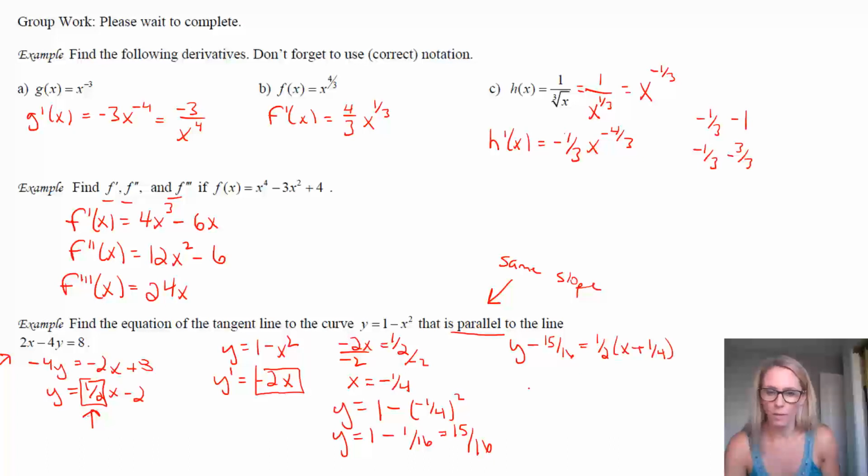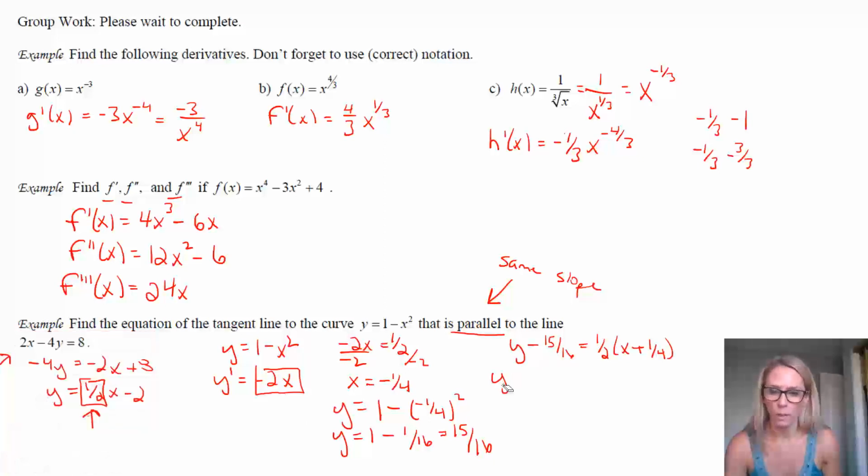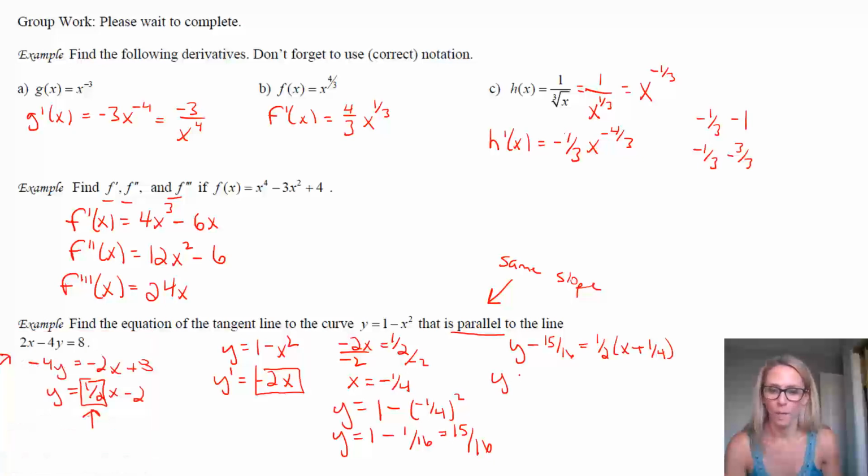And then I'm just dealing with some fractions, but that's okay. Let me do 2 steps. I think that will be better for you. So I'll do y minus 15/16 equals 1/2 x plus 1/8.